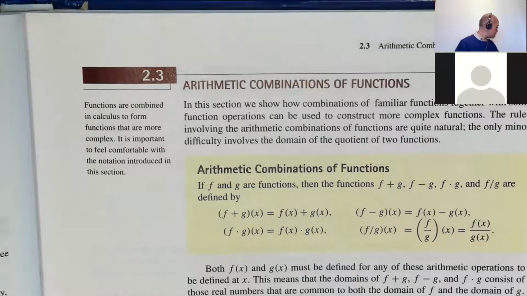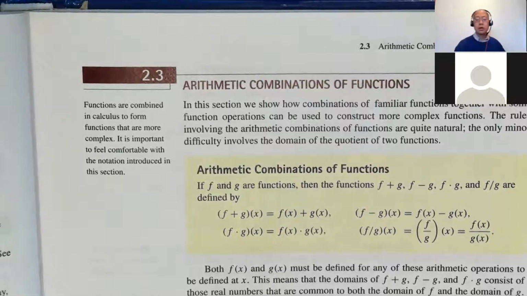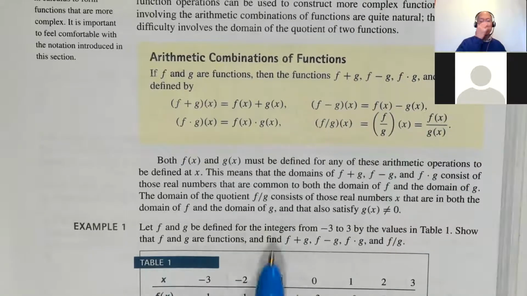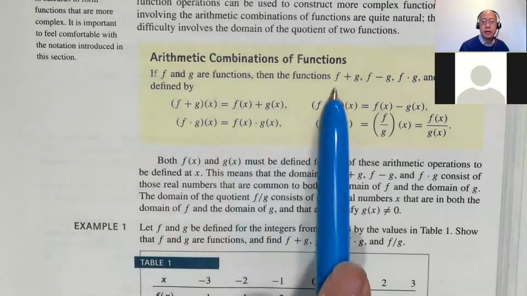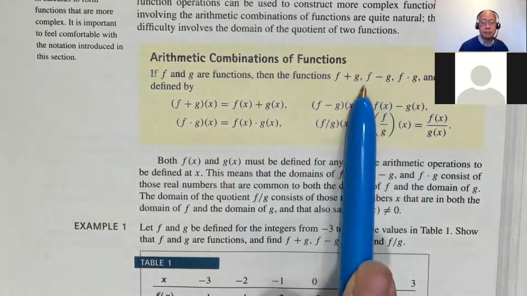section 2.2. I'll introduce some of the next section 2.3, which is on arithmetic combinations of functions. On page 93. These are fairly easy. So you're given two functions, add, subtract, multiply, and divide them.